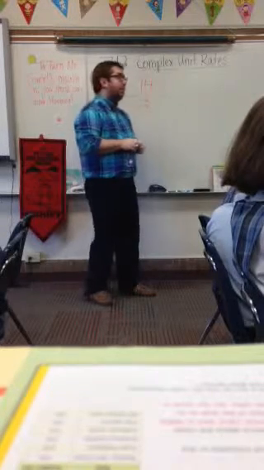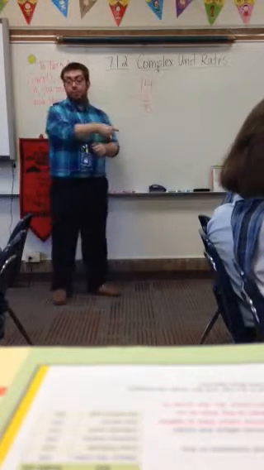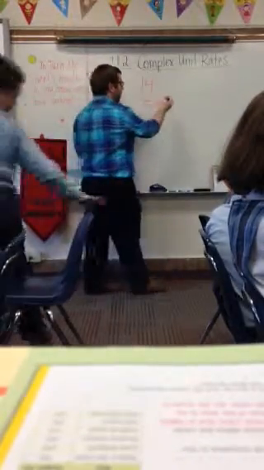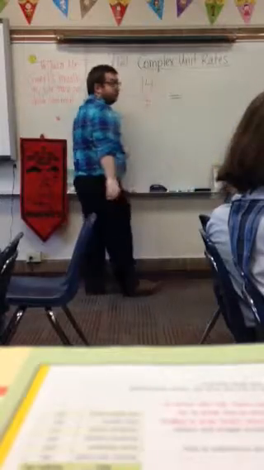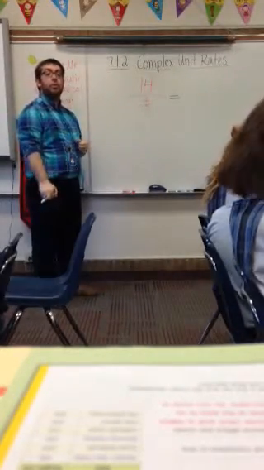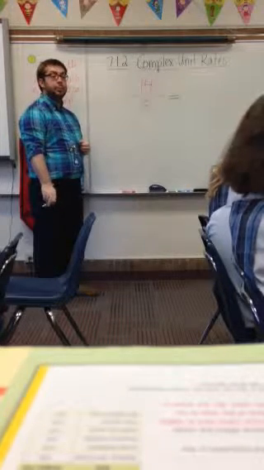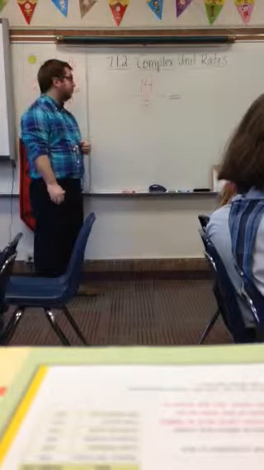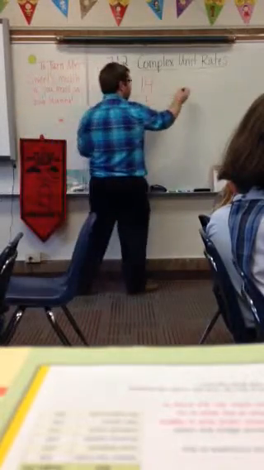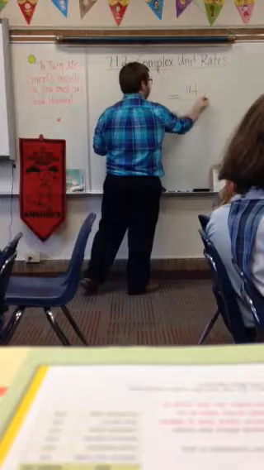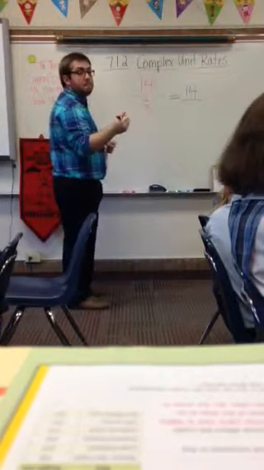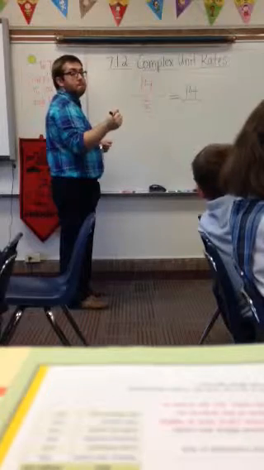Let's figure out how many he can do in 1 second. What am I going to do first? Julia. Well, you're going to put 14 over 1 and 14 divided by 4/5. 14 over 1.